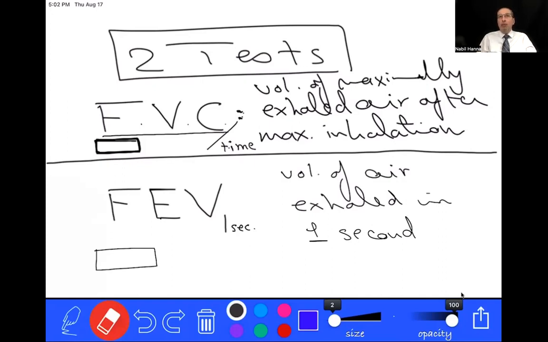Who needs more time to exhale? A patient with restrictive or a patient with obstructive?